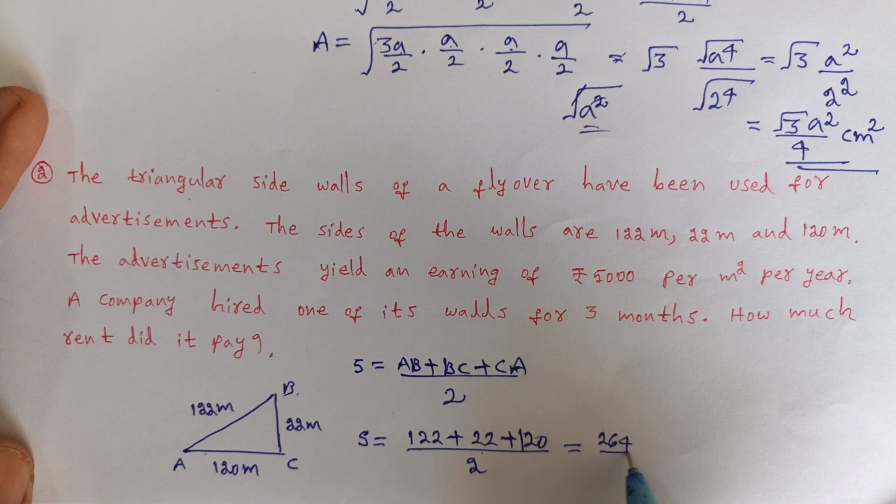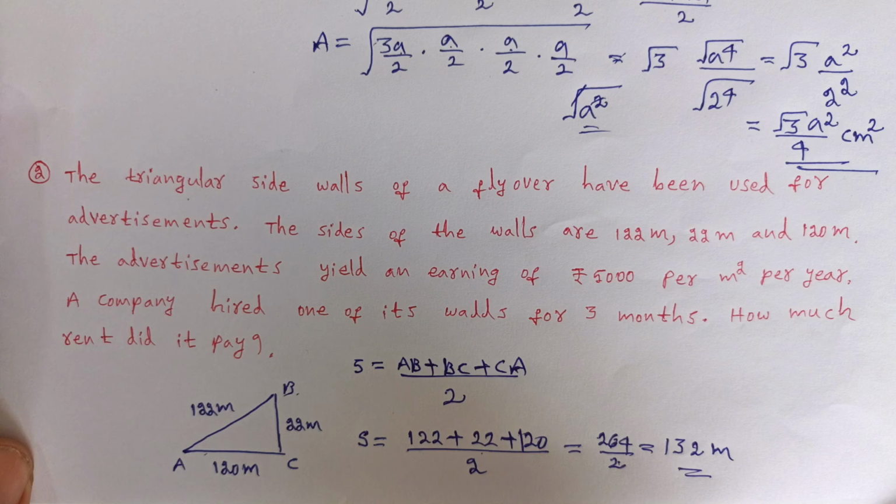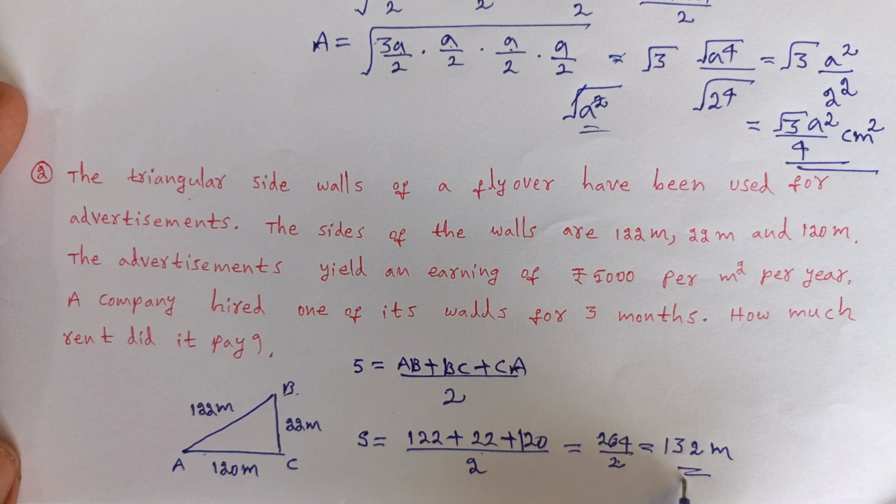Divided by 2 gives 132. Here the units are meters. So the semi-perimeter of this signboard equals 132 meters.